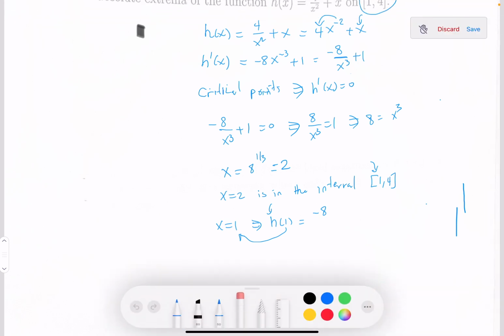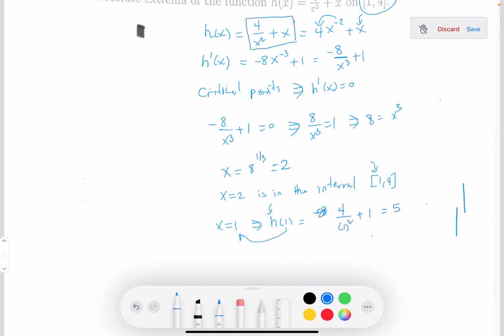So it is 4 over x squared plus x, and now we put x equal to 1 instead of x: 4 over 1 squared plus 1. That will give you 5. What is the meaning of this? At x equal to 1, the function h is equal to 5.